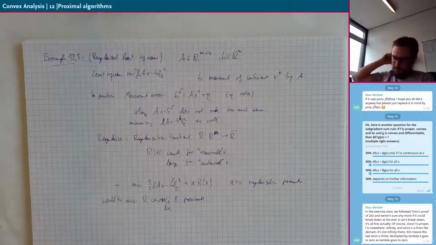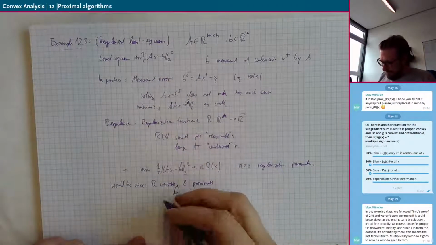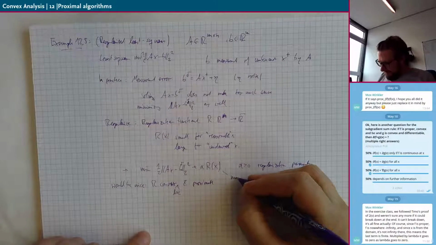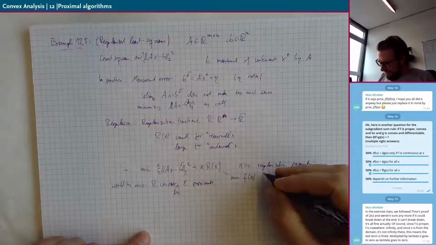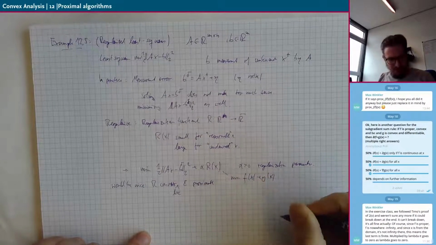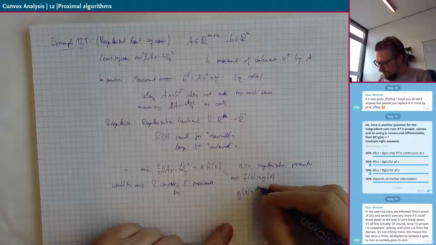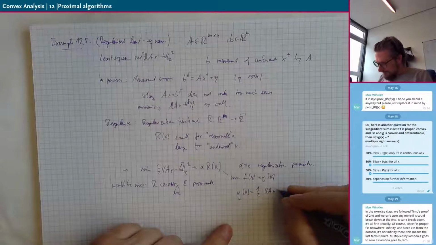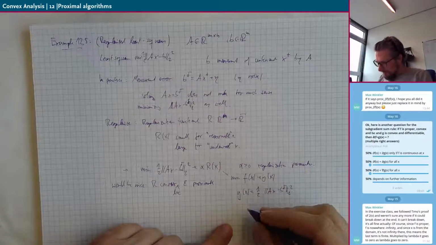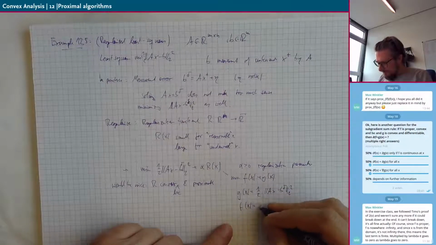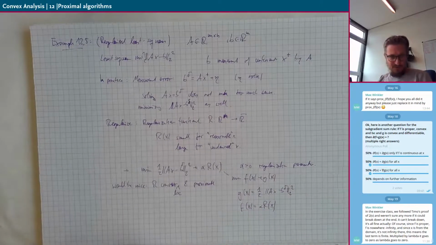Okay, that's nice. So we split this: we write it as minimize f of x plus g of x, the other way around, with g of x the smooth part, 1 over 2 times the norm of Ax minus b delta squared, and as f of x we take the regularization function.